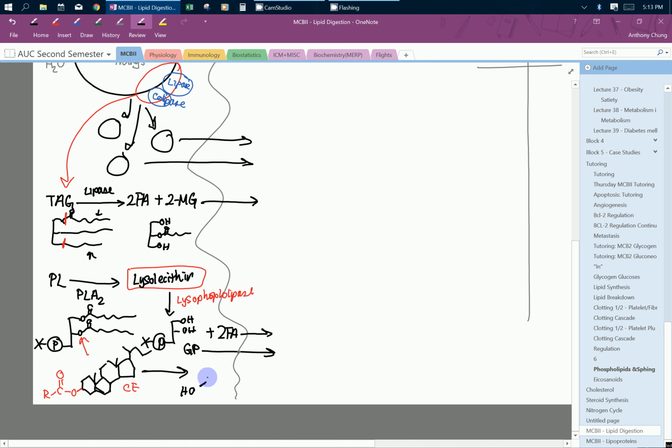I'm not going to draw the whole thing again, but this is the whole molecule, but basically the part that's in red is now attached to an OH group, and that's the cholesterol. And this is the cholesterol esterase.